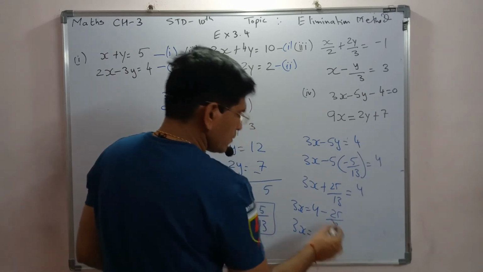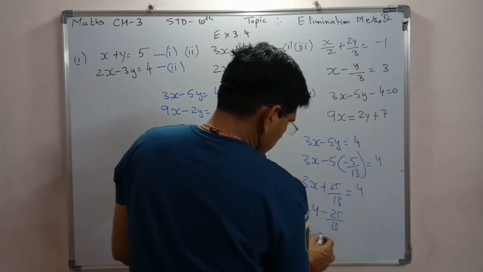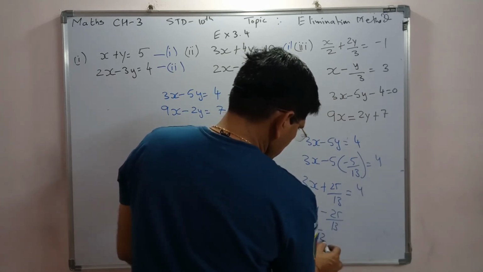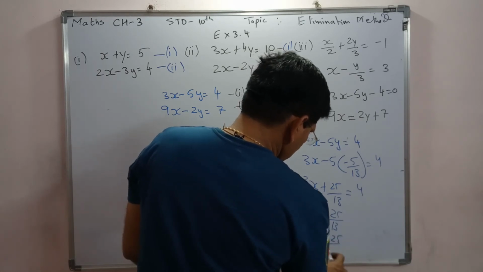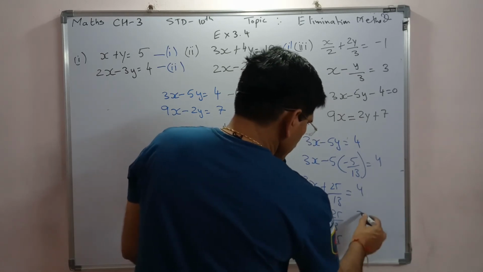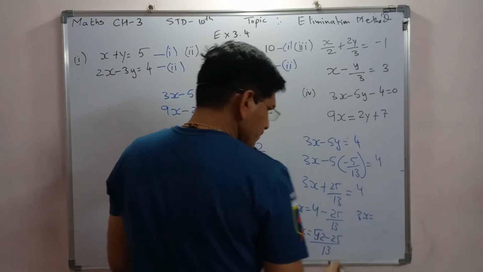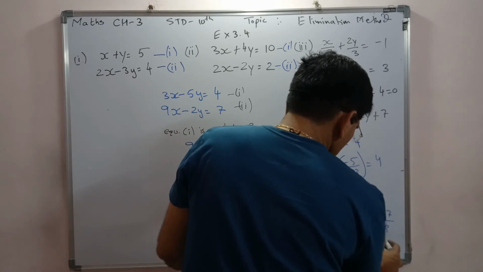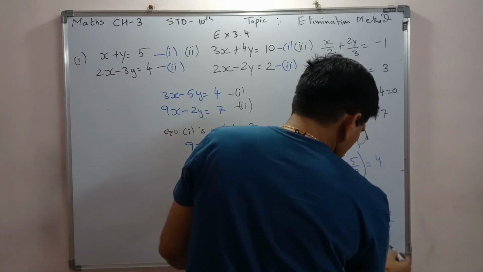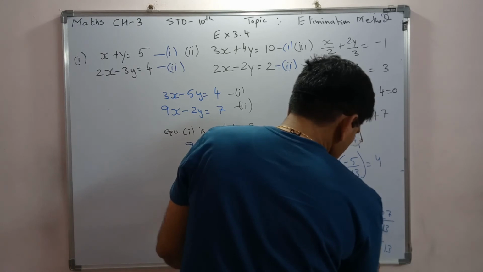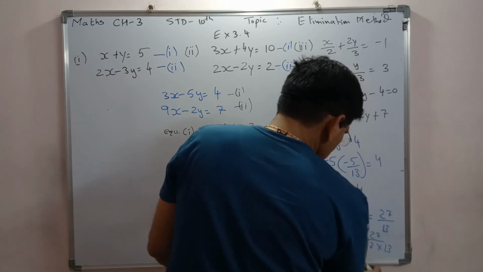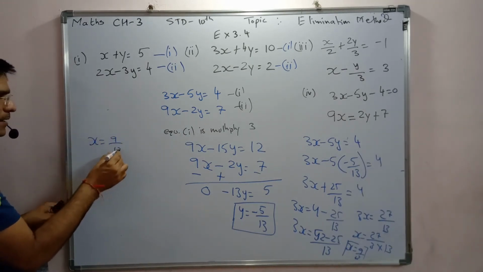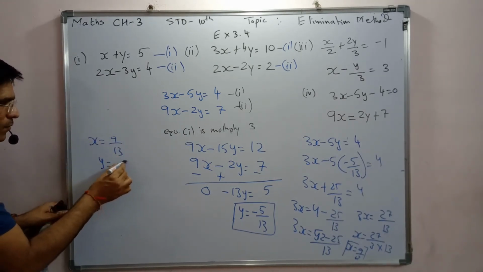So 3x is equal to 52 minus 25 by 13, so 3x is equal to 27 by 13. Therefore x is equal to 27 by 3 into 13, therefore x is equal to 9 by 13.